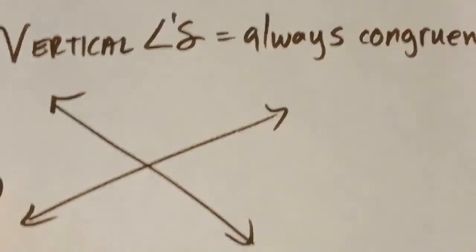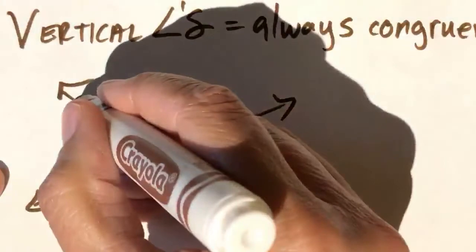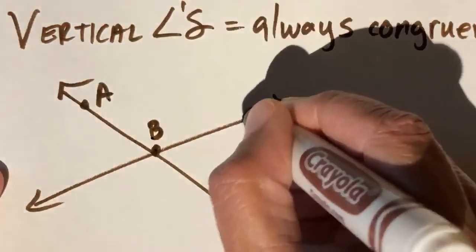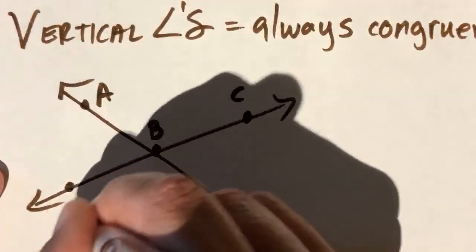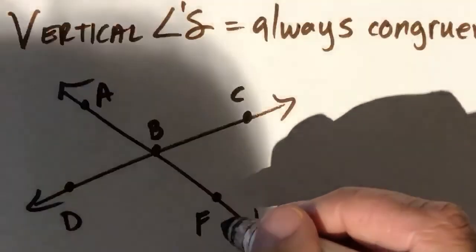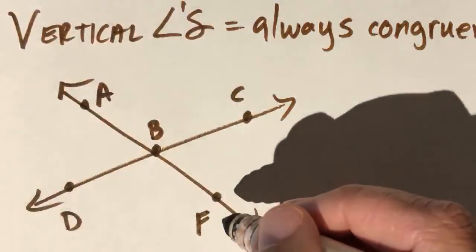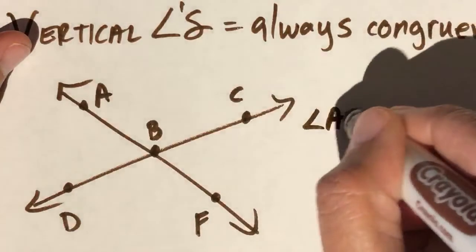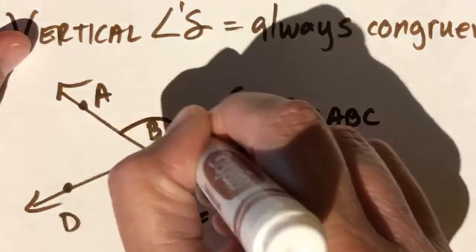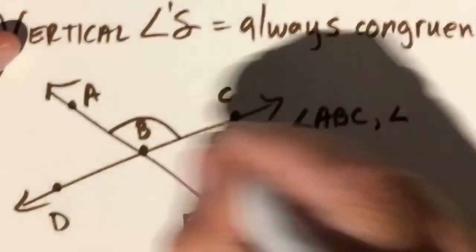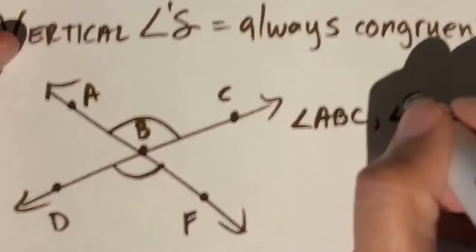In this picture here, I'm going to use letters just to make things interesting. You've got A, B, C. Angle ABC is this guy right here. Do y'all see that? Angle ABC is vertical with angle DBF.